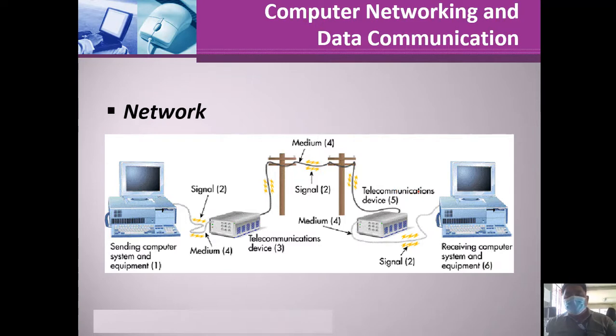So this is very basic to you, I know, because we are the 21st century learners. So this is the computer for the sender, and this is the receiver. So this is pretty much a very straightforward diagram of how the internet connection works.